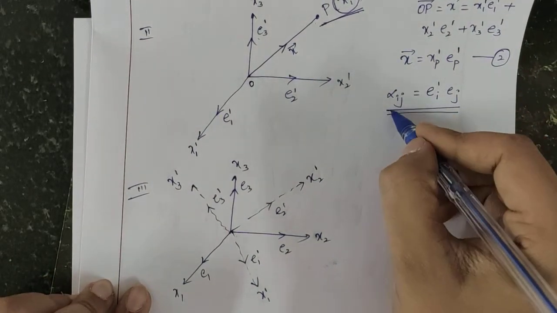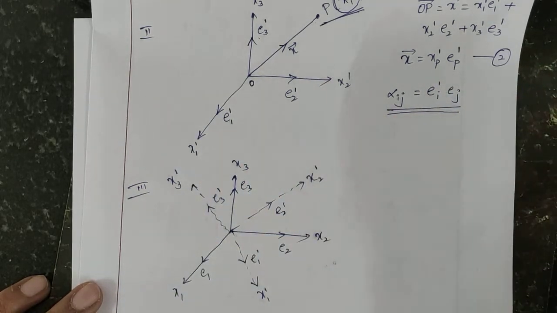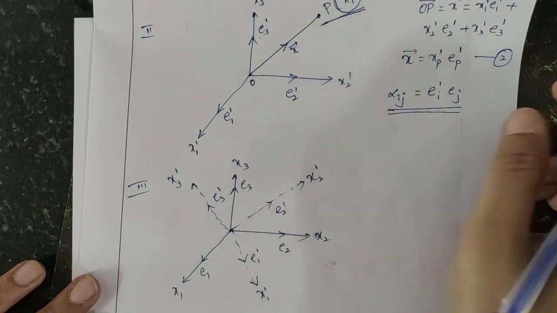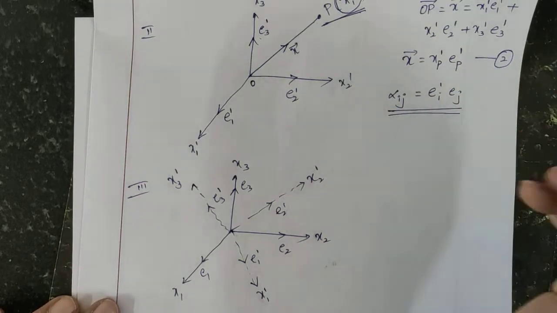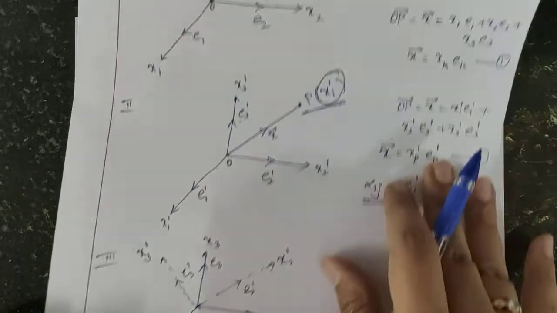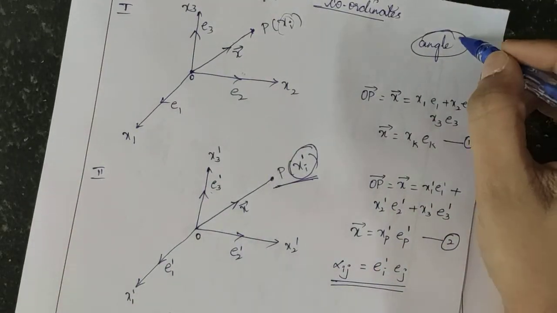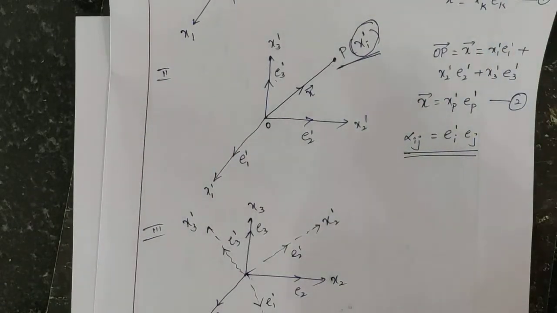So I can represent alpha ij as, using this concept, ei prime into ej, isn't it? We have two base vectors. So since there is a transformation, we know that there will be angle, the existence of angle is obvious.